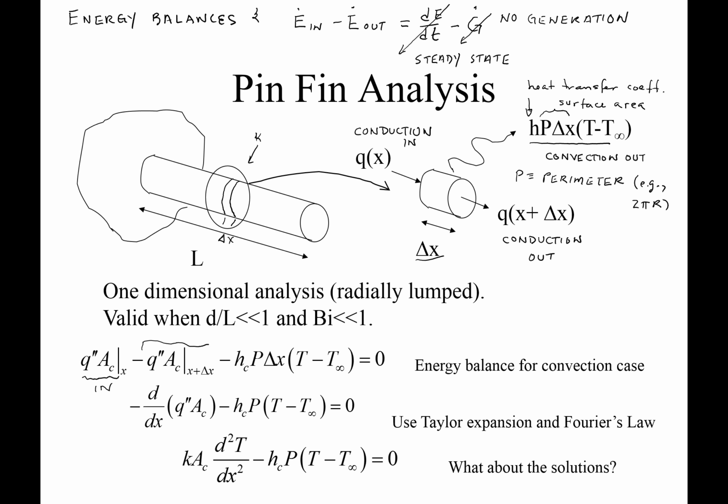There is the conduction term out and the convection term out. So this is the conduction piece, q double prime A_c at X plus delta X. And here is the convection piece. So, as is typical, we use a Taylor expansion and Fourier's law.